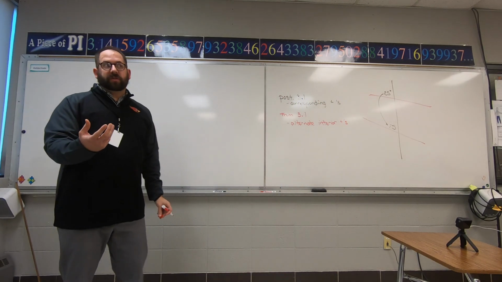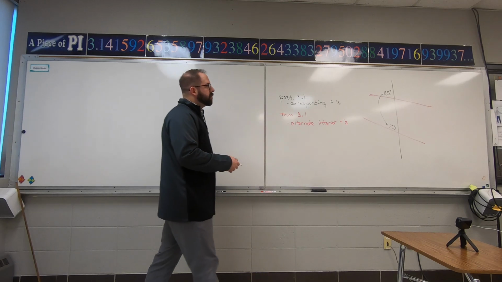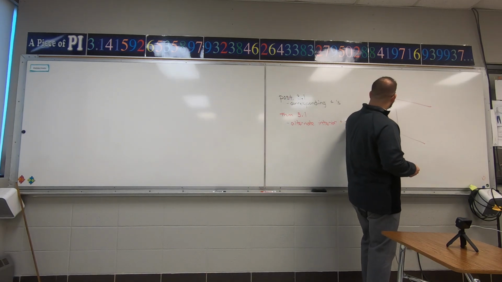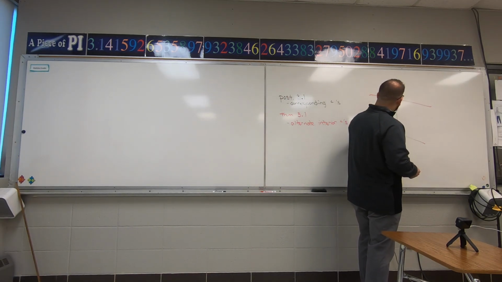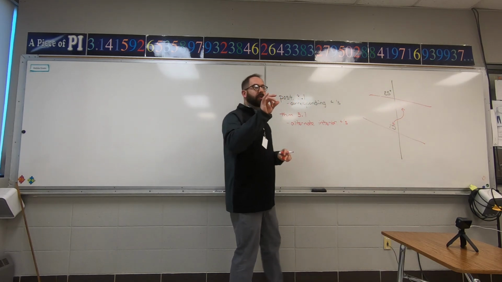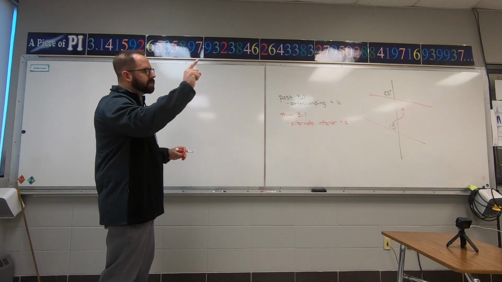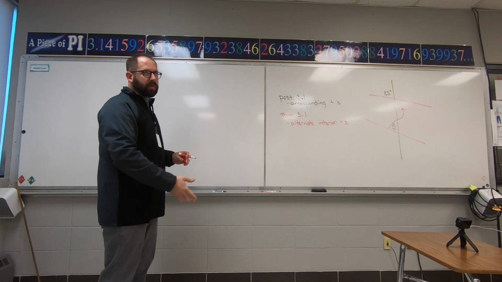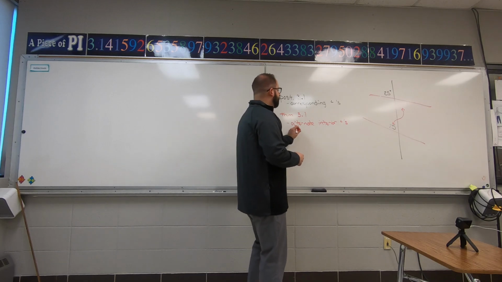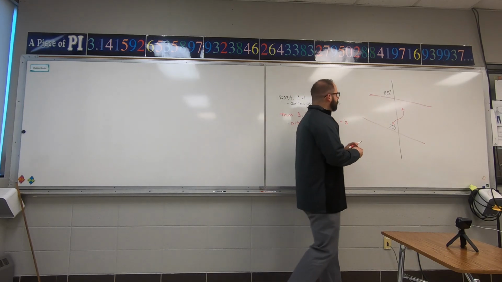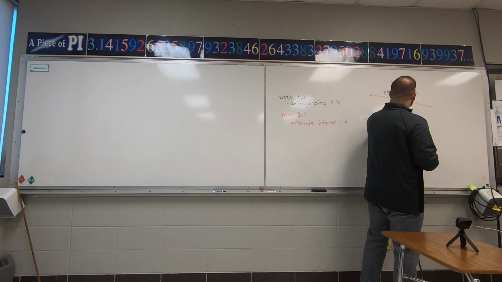Alternate interiors are also equal. So on this particular picture, the alternate interiors would be these two. Those are alternate interior. They're both inside. They're on alternating sides of the transversal, the line that cut through the 2 parallel lines. And what this theorem says is they're automatically equal. So this 25 can hopscotch to here.